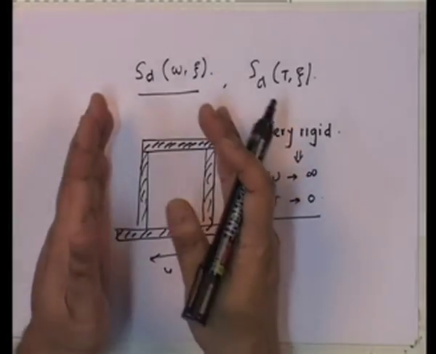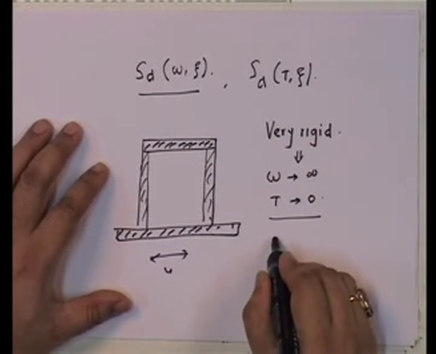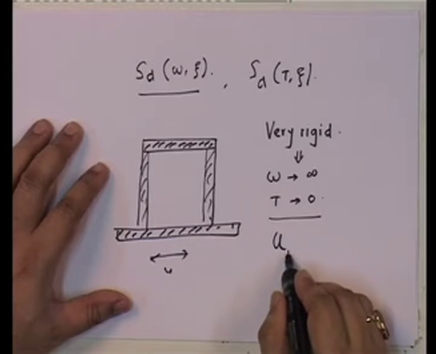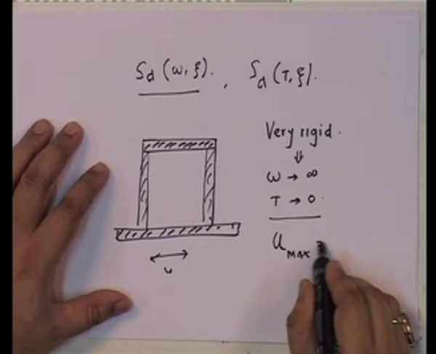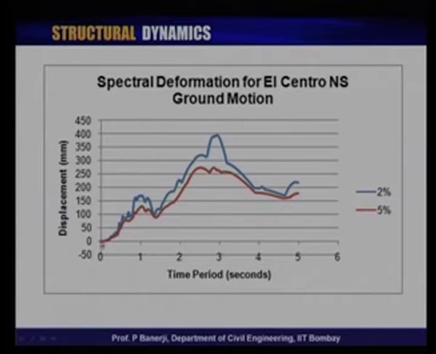If it is rigid, it cannot deform. So what is the peak deformation equal to? It is equal to 0. As time period tends to 0, the displacement is 0, irrespective of what your xi value is.